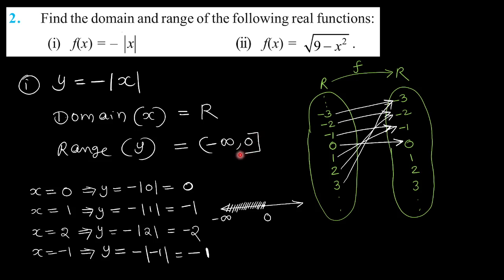Sir, for domain we are representing it as R for real numbers. Like that, for range we can represent it as Z minus.